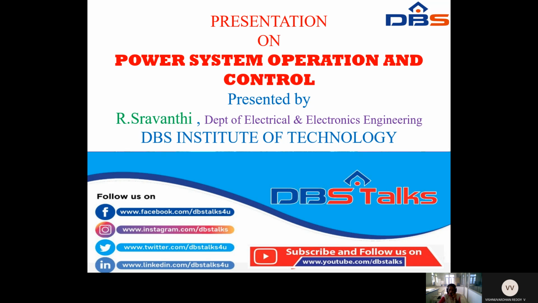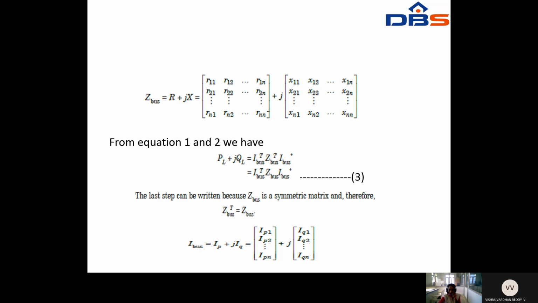Here Z bus will be given by R plus JX. Z means impedance, so the impedance will be written as R plus JX.